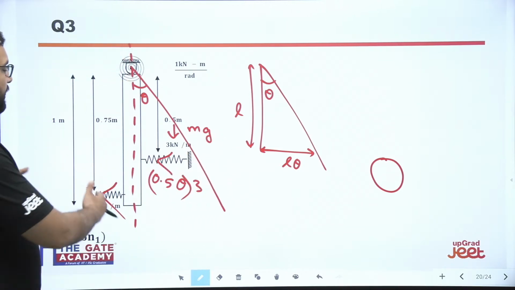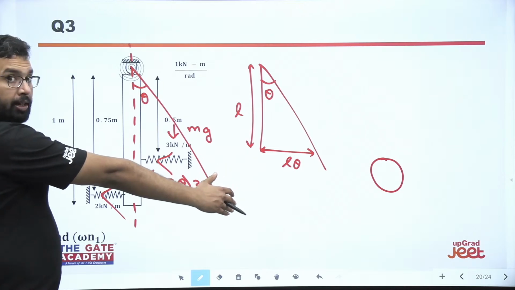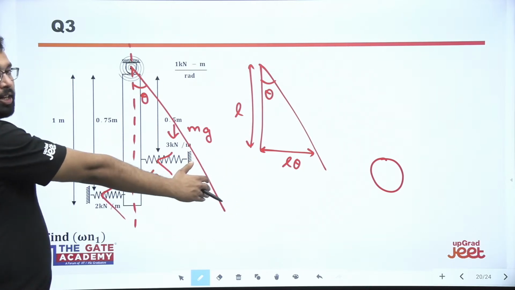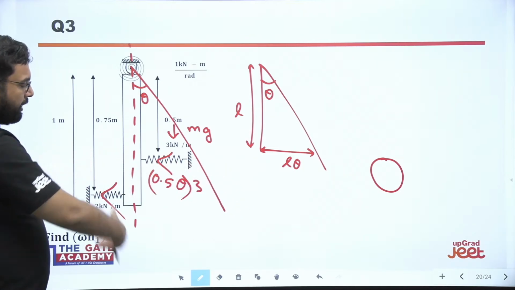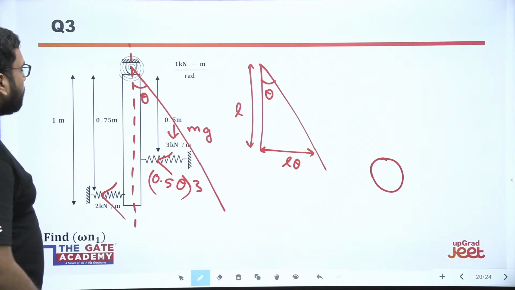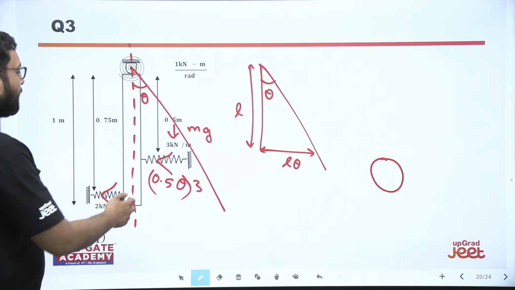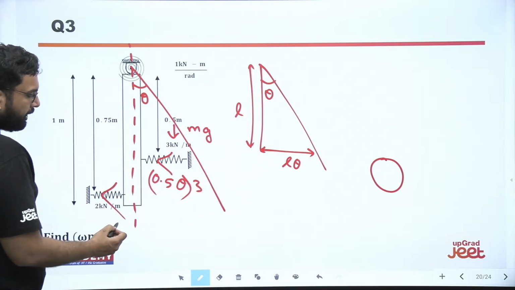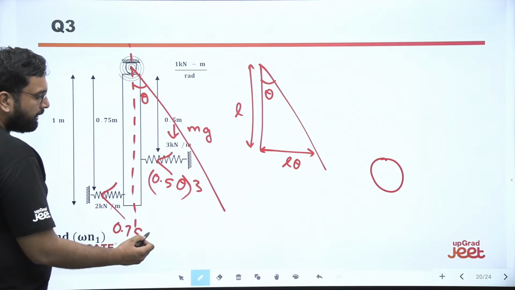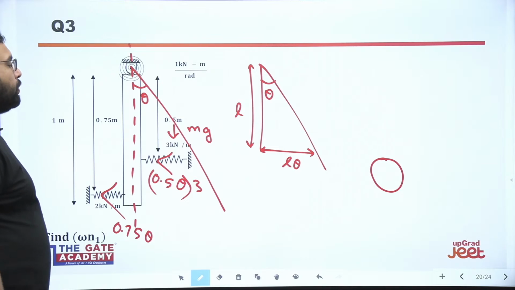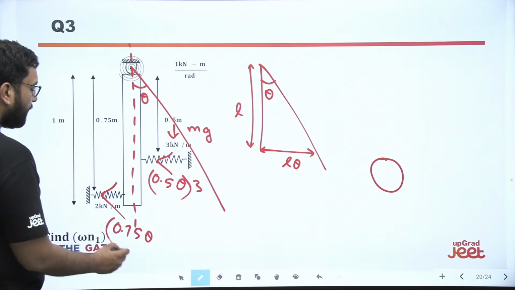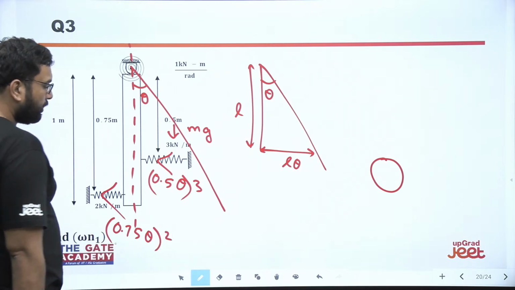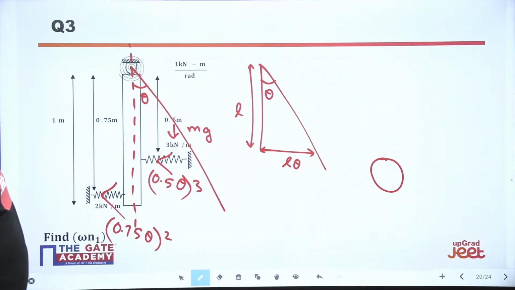Since this spring is getting stretched, the force will be in the opposite direction. For a small angle, its displacement is going to be 0.75 into theta, and the stiffness of this spring is 2 kilonewton per meter. So this would be the force here.